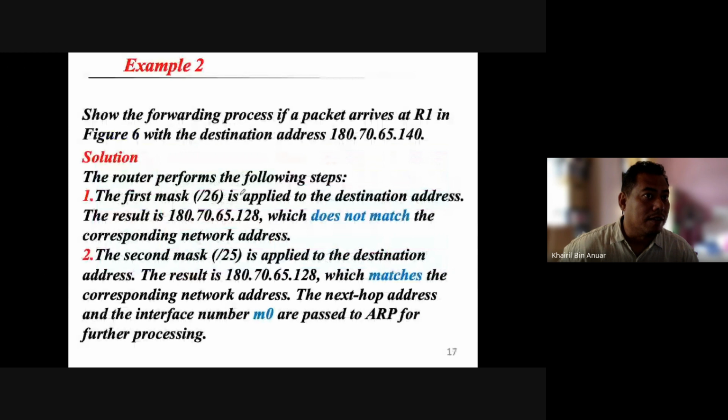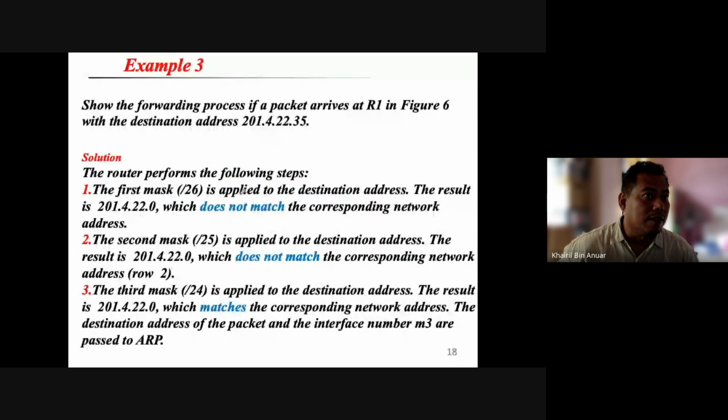Then the next example is if you have 204.22.35. Again, the first thing is that it needs to go to the mask. The first mask doesn't match, the second mask doesn't match, and the third mask is matching.